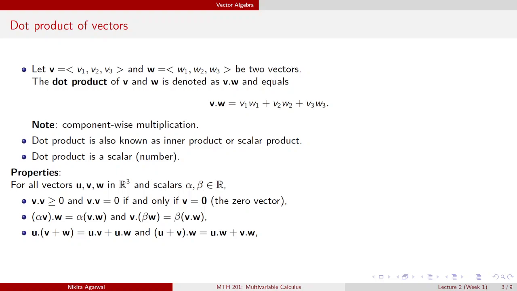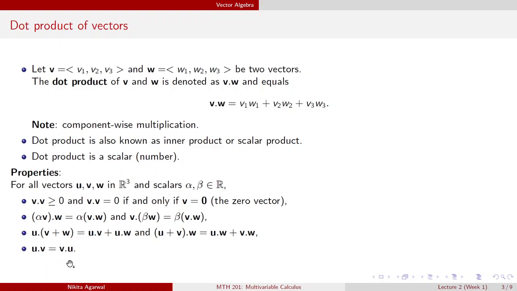So if you notice, I told you that it doesn't matter what the ordering is, right? So (U plus V) dot W can be written as W dot (U plus V), right? And then you can use the first property. Okay. So once I give you this property, this second property comes from the first property.